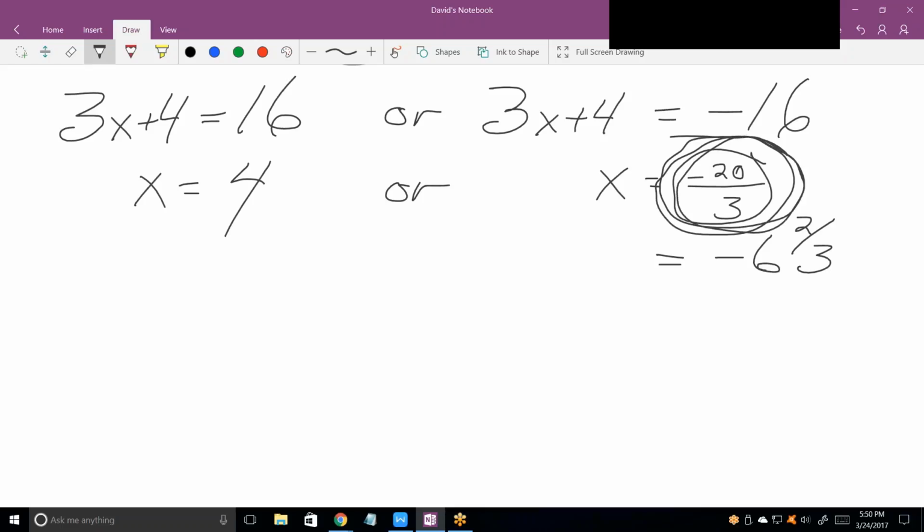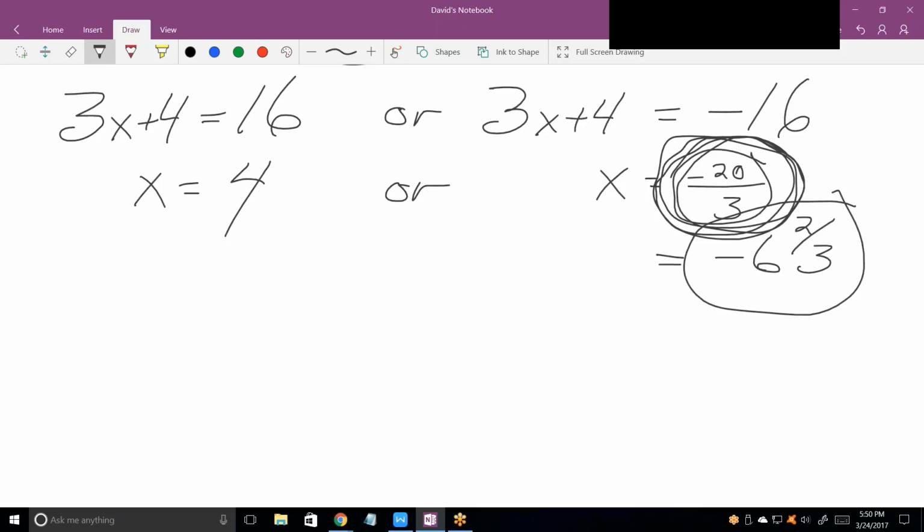I'm ready to do whatever they need me to do with that number. Whereas if I needed to do more stuff to that number, I would have to first convert it to an improper fraction. So I want my answers in improper fractions.